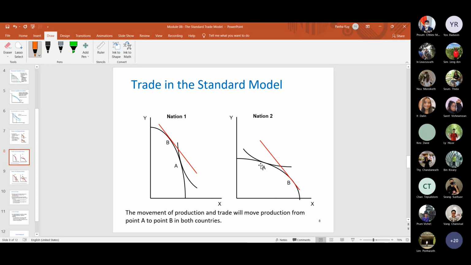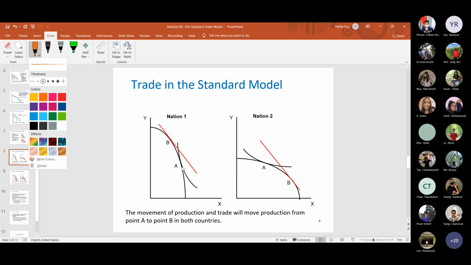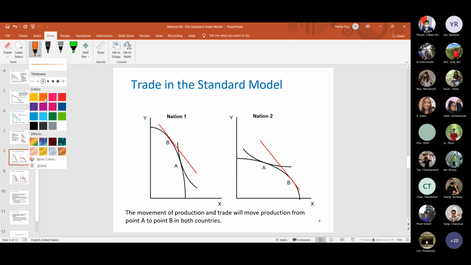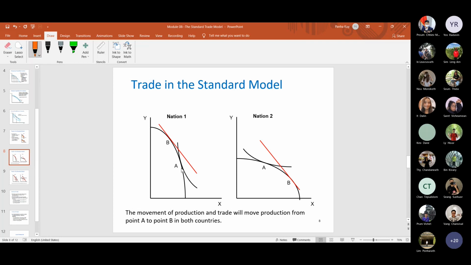Nation 2 will produce moving from this to this point, okay? So nation 1 is not producing at point A here, but will produce at point B here, okay? They reallocate this. So let me graph it for you. First, they produce at this, that is the orange one.